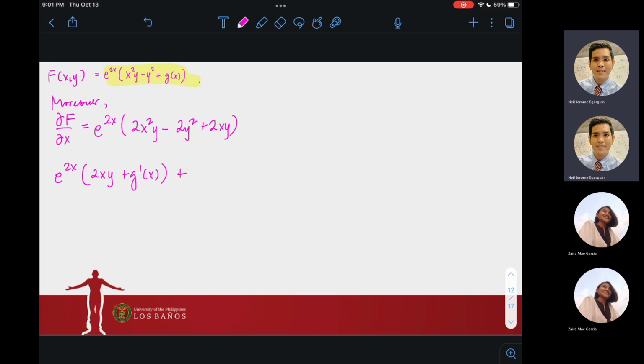Okay. Plus, copy the first. So we'll have x squared y minus y squared plus g of x times derivative ni e to the 2x, it will be e to the 2x times 2 via the chain rule. Tapos ito dapat ay equal dito.